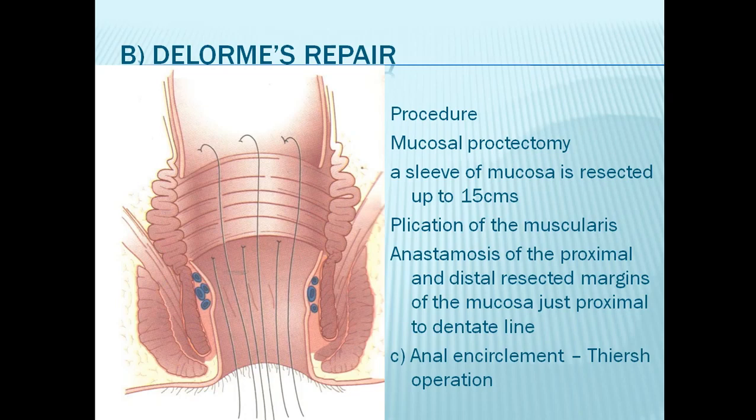So that completes one circle, and it is tightened to prevent the prolapse. That is called Thiersch wiring, anal encirclement. So that comes to the end of the surgical procedures.